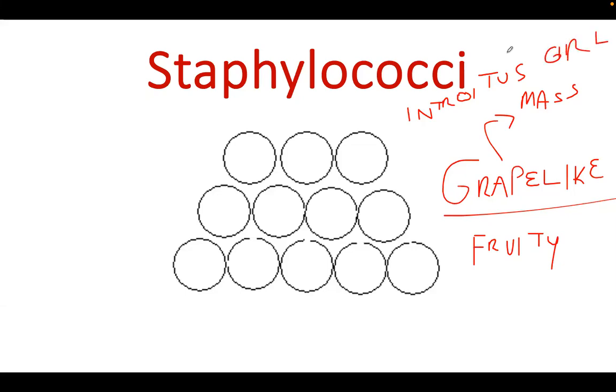Okay. Listen well. There's no time to be careless with the examination this close. So the introitus, grape-like cluster or grape-like mass, that's going to be a botryoid sarcoma. Okay. So please take note of that.